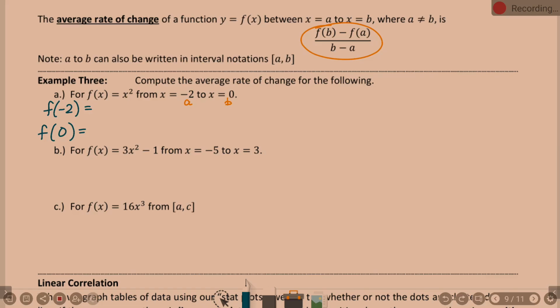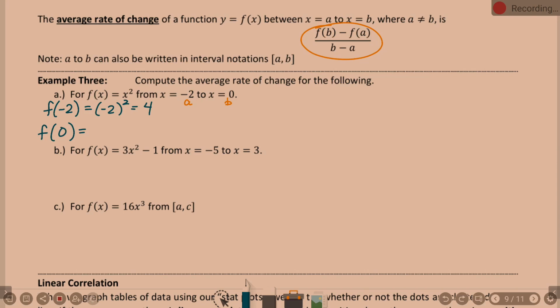Now, what do you know about f of -2? So if f of -2, what am I going to do to find f of -2? If f of x is x squared, then f of -2 is going to be -2 squared. What is -2 squared? 4. Okay.